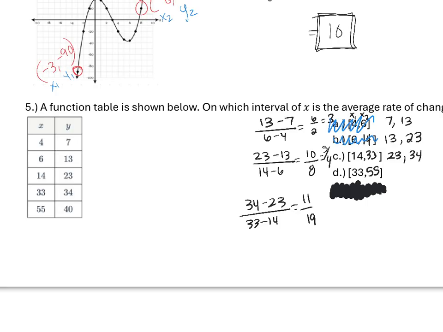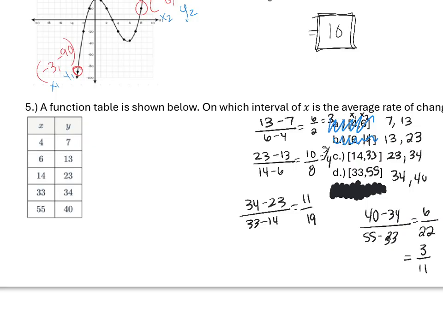And then our last one will just be comparing C and D. So 33 and 55 would be 34 and 40. 40 minus 34 over 55 minus 33. So we get 6 over 22, which is the same as 3 over 11.